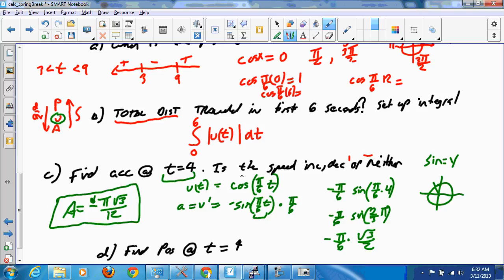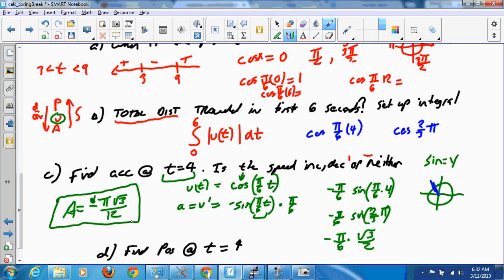So right here is our velocity function. So let me see if I can squeeze it in above here. So we have the cosine of pi over 6 times 4 seconds. Of course, that's just the cosine of 2/3 pi. Cosine of 2/3 pi is what? Over in this quadrant, cosine is built on x, so this is negative also.